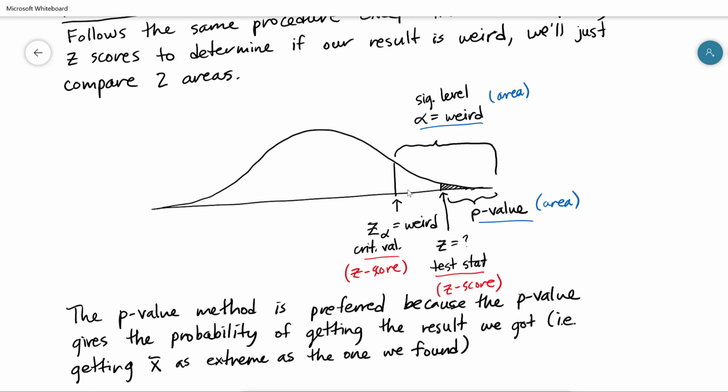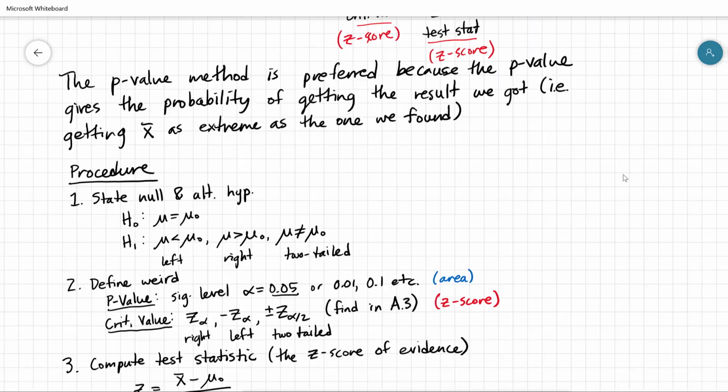Whereas if instead of falling here, it had fallen over here, now my p-value would be the area to the right of this region, and I would get a p-value that was larger than the area of this region that we consider weird. So it all depends on where that p-value falls. If this area is smaller, it must be inside of it. It must be in the weird region. If this area is larger than this area, it must have fallen outside here, so it takes up a larger area. So that is the idea there.